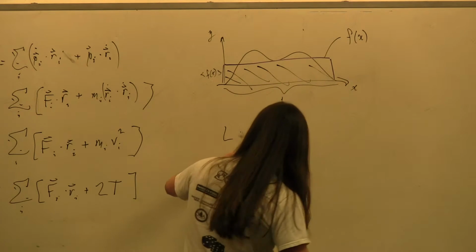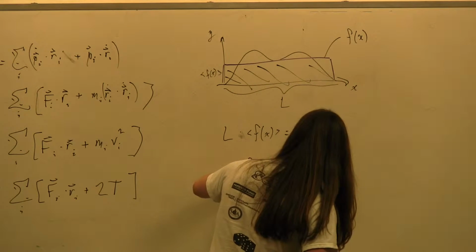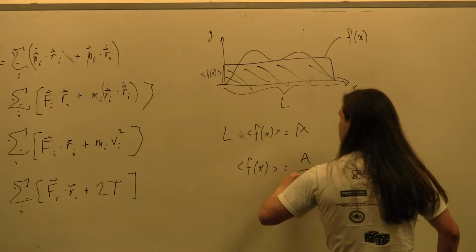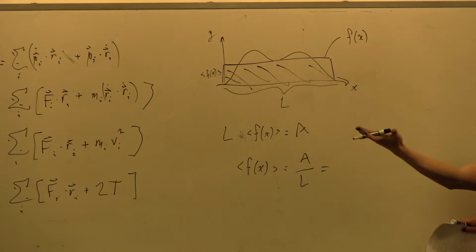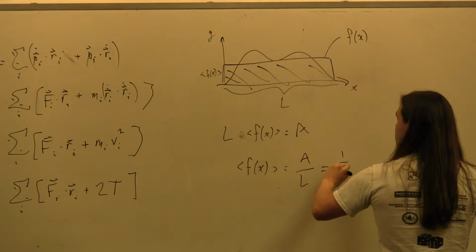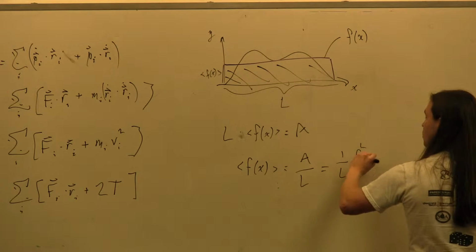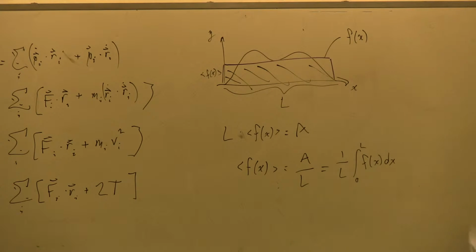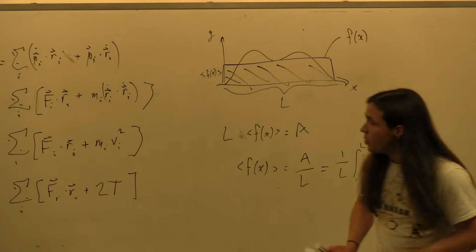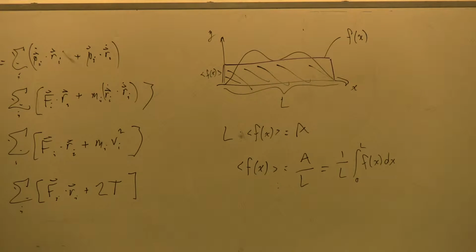So the average value is equal to the area over the length that you've got. And area, when we've got some arbitrary function, can be restated in terms of the integral of that function over that interval. Okay, so we can use that sort of thing here. And what I'm going to do in particular is find the average value of this thing on the left side.